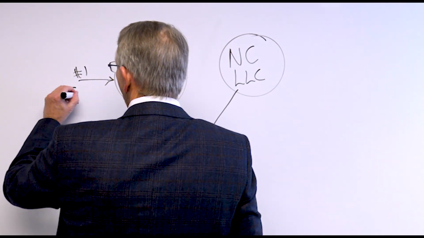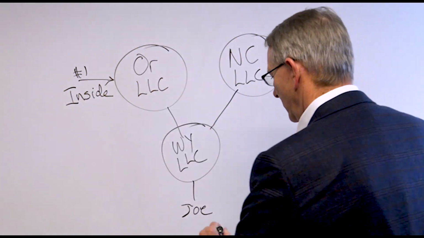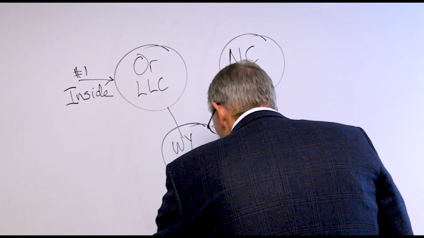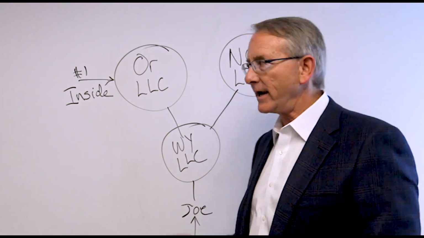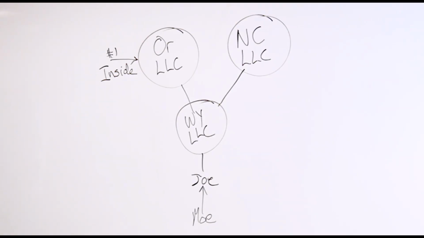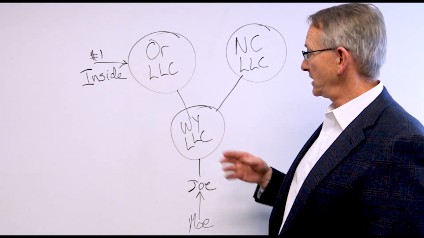But the charging order comes into play in the outside attack, where Mo is trying to get at Joe, right? Mo was in the car wreck. He's trying to get at Joe. The car wreck has nothing to do with this real estate up here, all right? So with the Wyoming LLC owning Oregon and North Carolina, Mo has to go after Joe, who owns the Wyoming LLC.